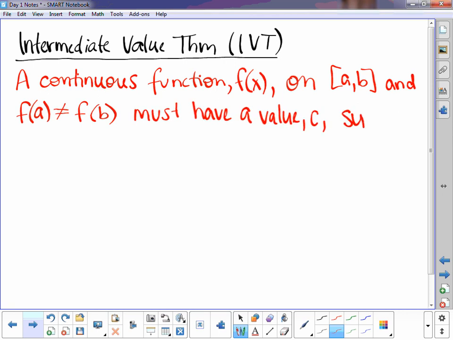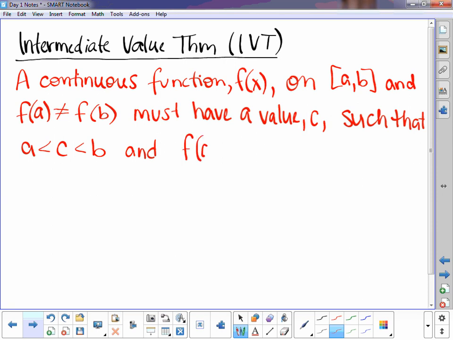such that c falls within that interval, so a is less than c, which is less than b. And the big idea is that its y value is somewhere between the endpoint y values as well.